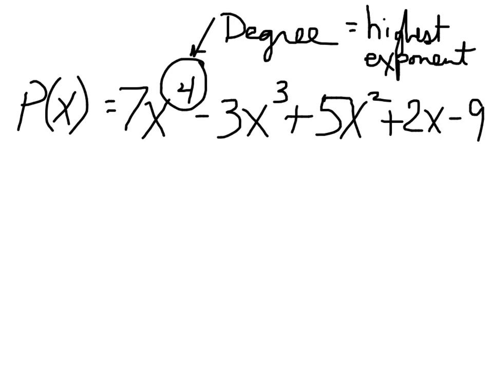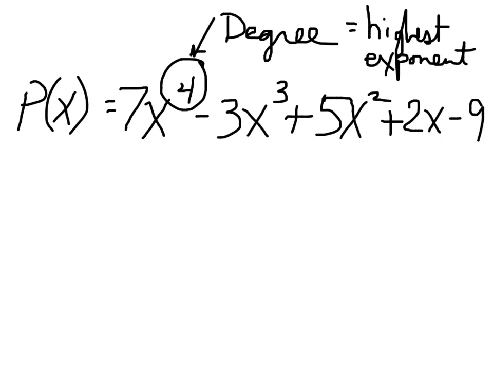I can jumble everything around if I need be. The highest exponent is always the degree. That's going to be important when we talk about end behavior in a few minutes. All I'm asking is, what's the highest exponent? Are you okay with degree so far?